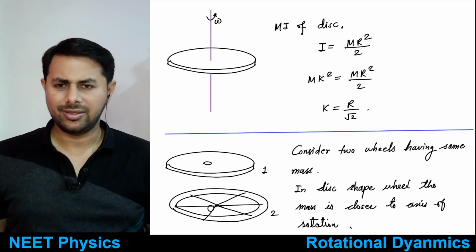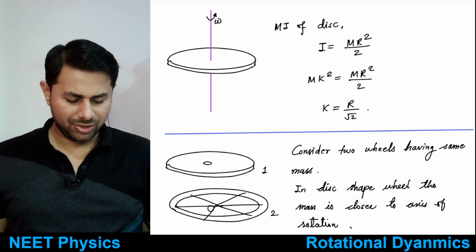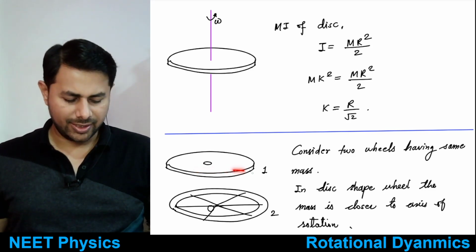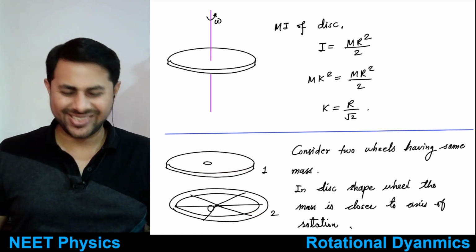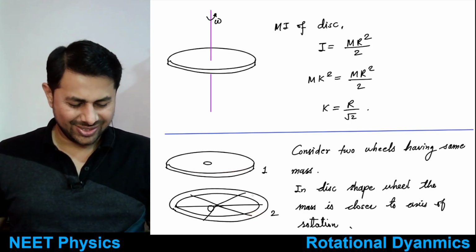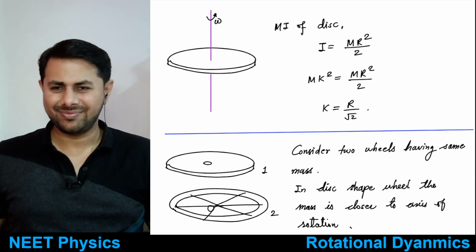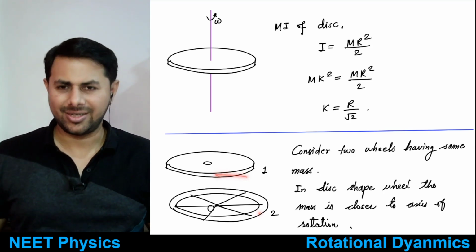Is this thing clear? Yes, no? So whose radius of gyration would be more? The first wheel or the second wheel? First one is a disc, second one is like a ring.